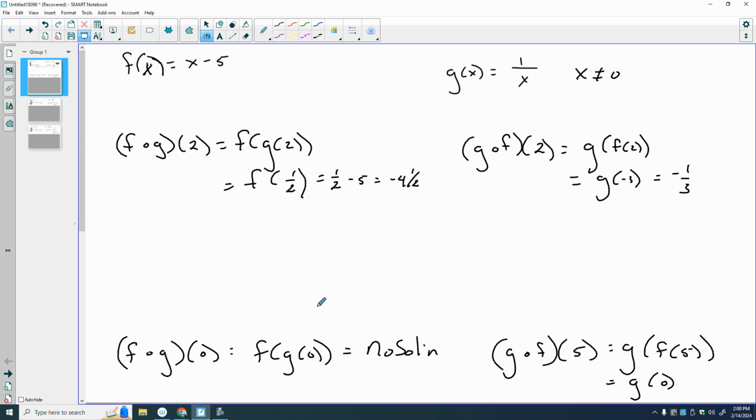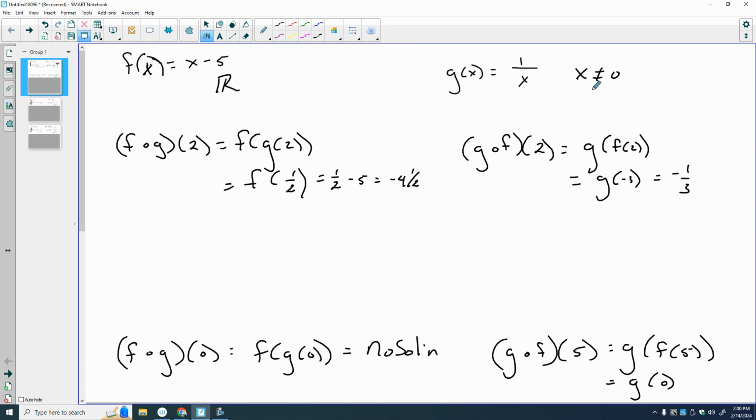Okay? So the next thing is, what is the domain of my outside function? We're going to talk about that more later, because my outside function's domain is all real numbers. So I really don't have to worry about that one. So the first thing you need to look at is, what is the domain of the inside function, the first function I have to deal with?